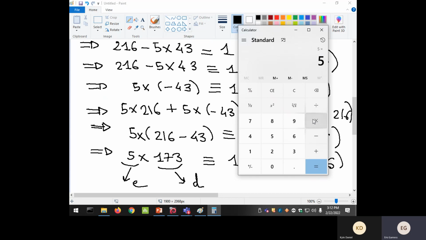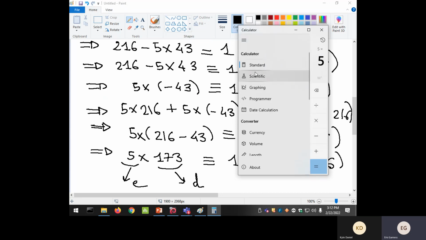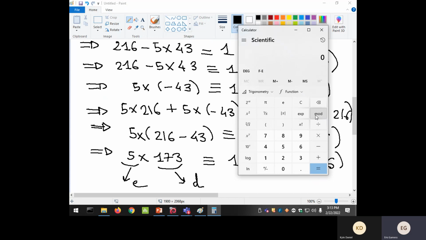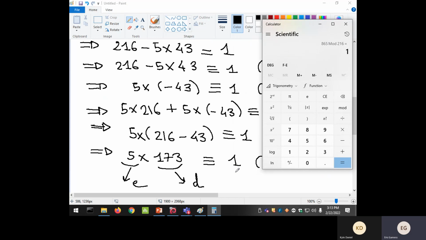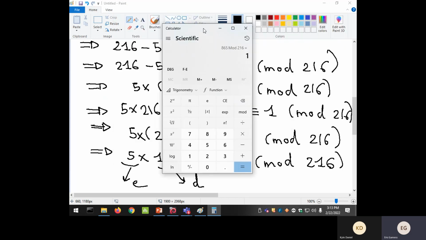No, I don't have the modulus. Let me change the calculator. I do have the modulus. So 5 times 173 is equal modulus 216. It has to be 1. It is 1, as you can see. So it is congruent to 1 modulus 216.